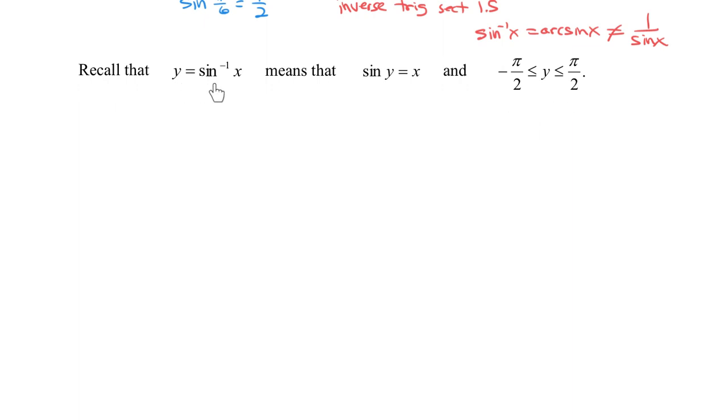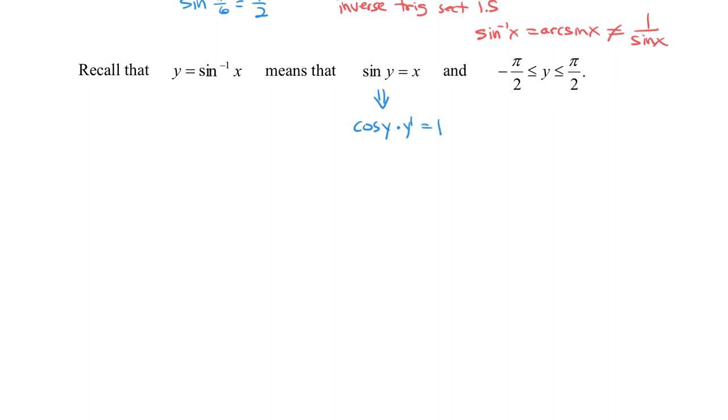So if we start from here now, if I take the derivative, let's say I start from this statement right here, the sine of y equals x. All right, so if y equals the inverse sine of x, then the sine of y equals x. And if I take the derivative here, I would get the cosine of y times y prime, because y is not plain old x.